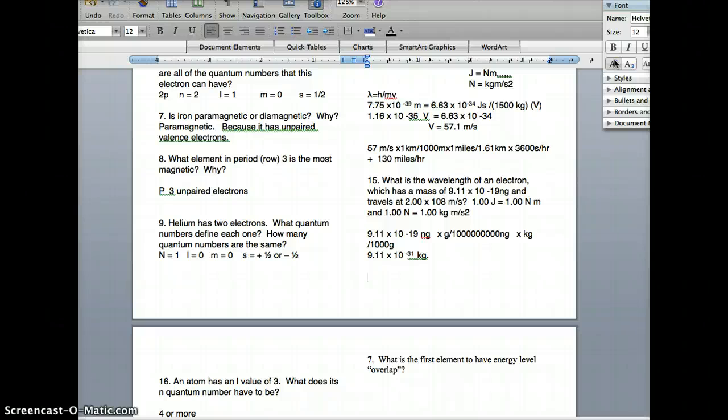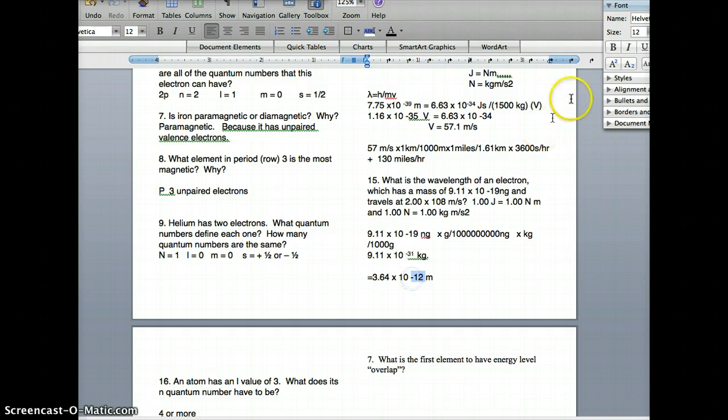And then divide again by the speed of 2.2 times 10 to the 8th. 2 EXP 8 equals. So I get 3.64 times 10 to the negative 12th. And the unit will be meters.